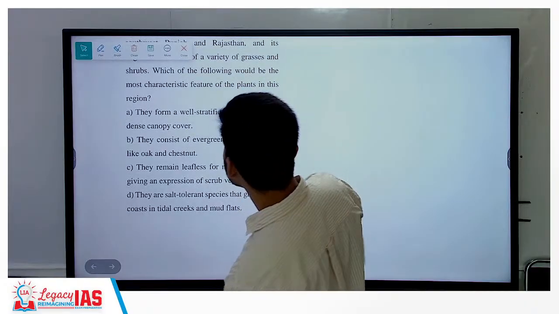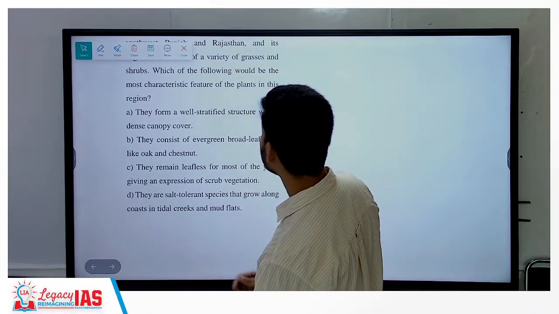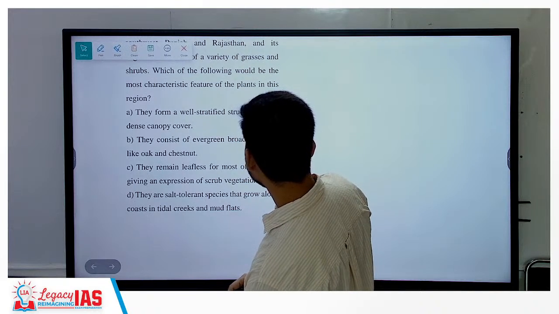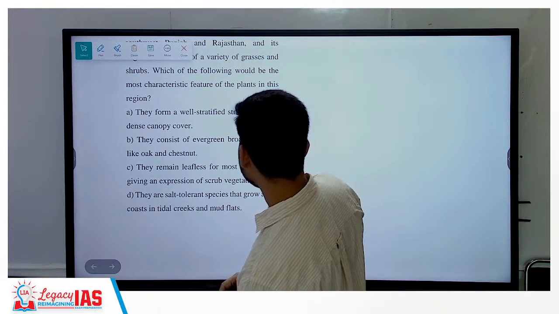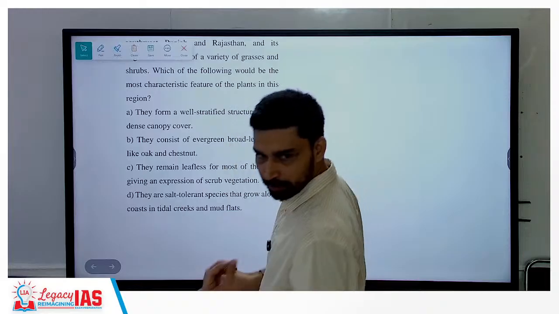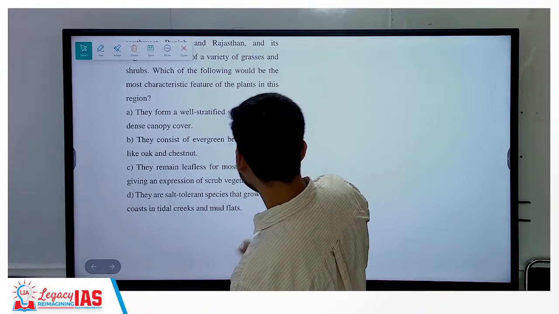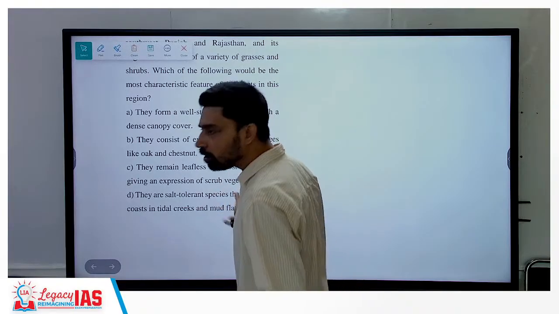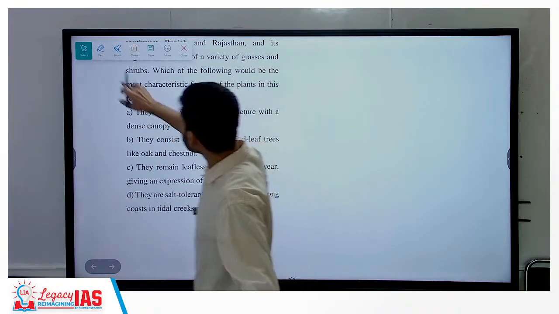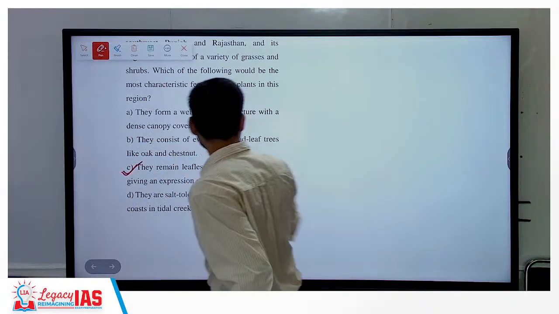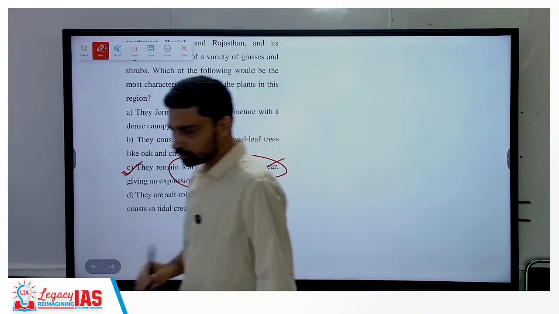Well stratified structure with dense canopy cover. Obviously not. Consist of evergreen? No. Remain leafless for most of the year, giving an expression of scrub vegetation. Yes, we have discussed, leaves are either in the form of thorns or very few. Salt tolerant, that is not required. They are the littoral or swamp forest, mangrove forest. What is the correct option? You have C, leafless for most of the year. So, that is the answer.